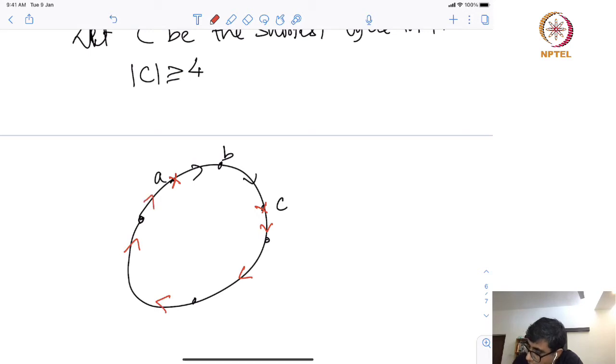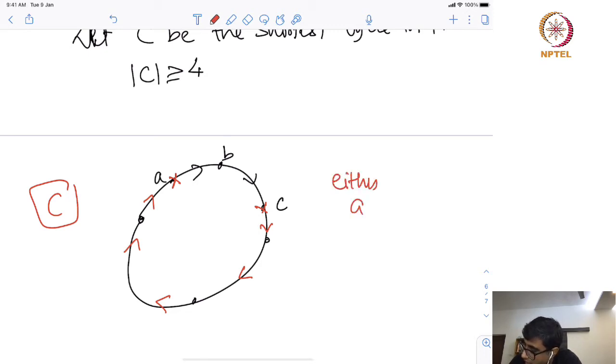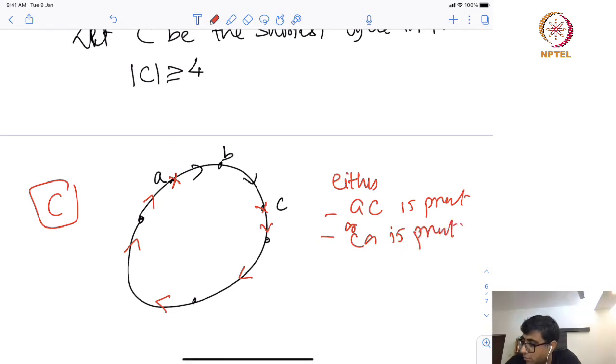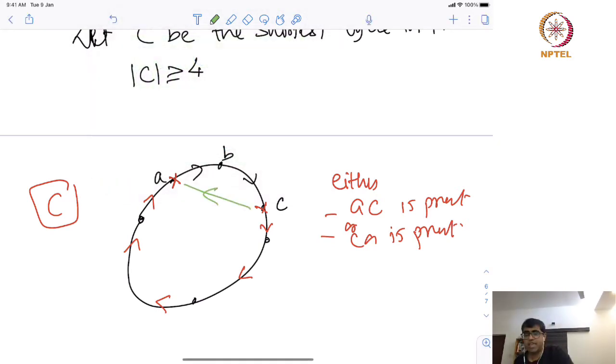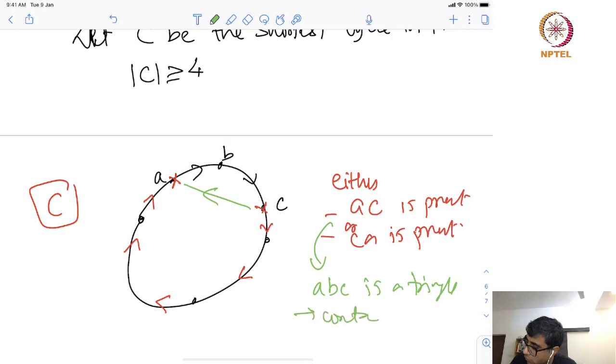Let's ask ourselves about A and C. We know that either AC is present or CA is present. What happens if CA is present? If CA is present, then ABC is a triangle. Contradiction, since C is a shortest cycle.